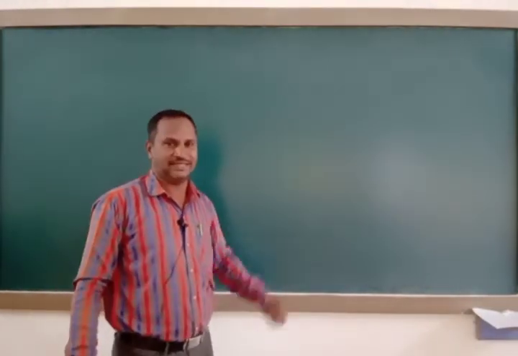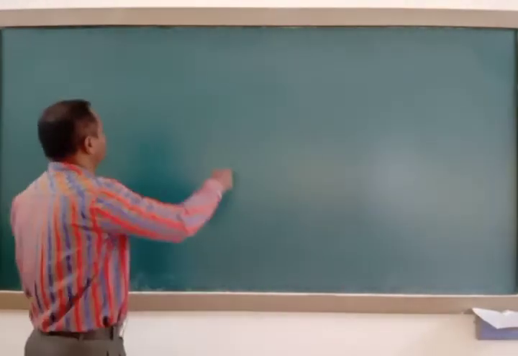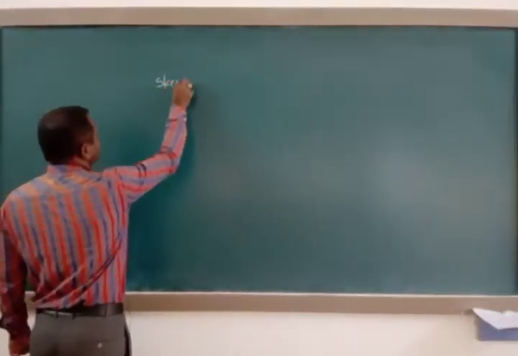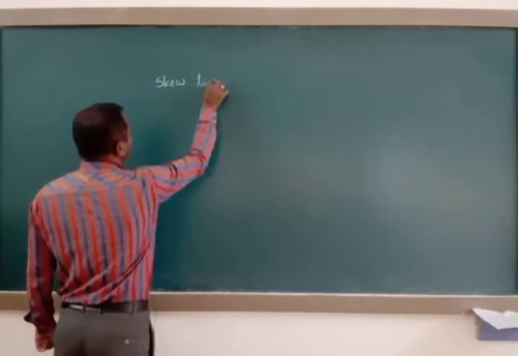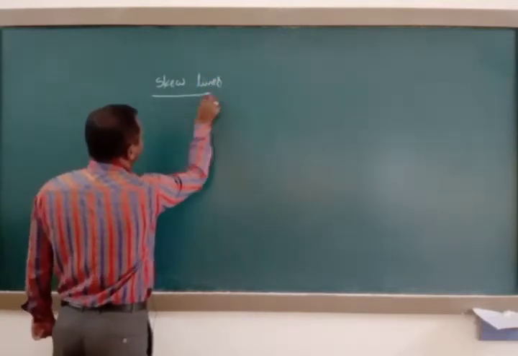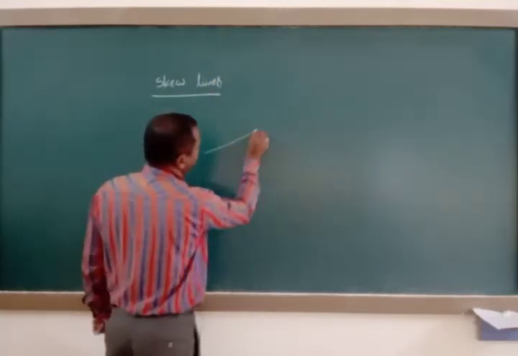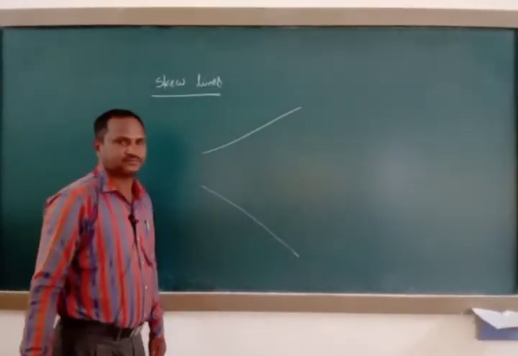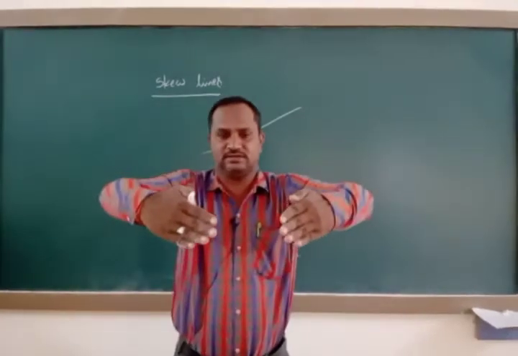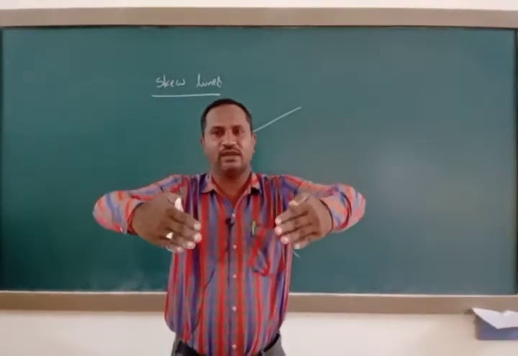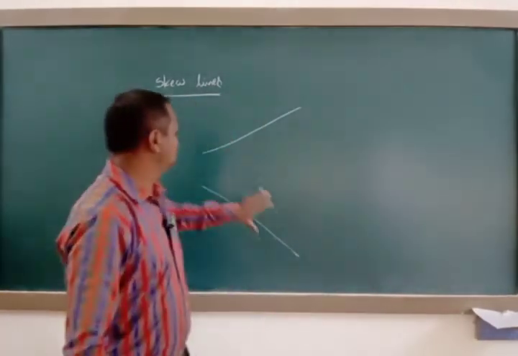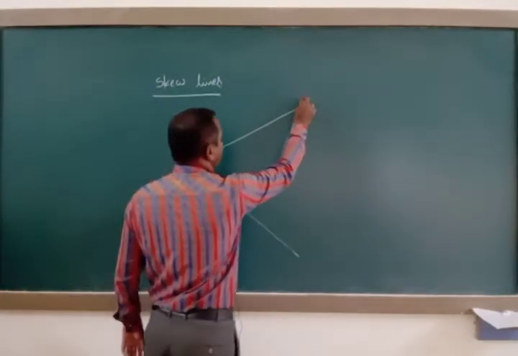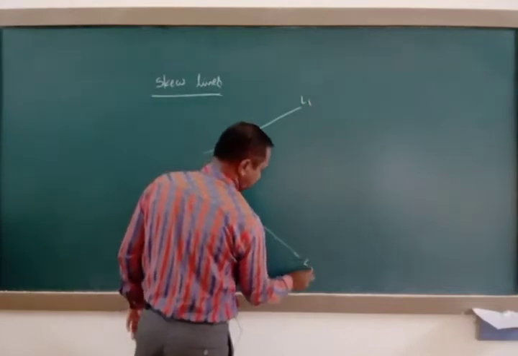But in case of skew lines, they are not parallel and they are not intersecting, like these lines. Lines will become like this. It is L1 and it is L2.